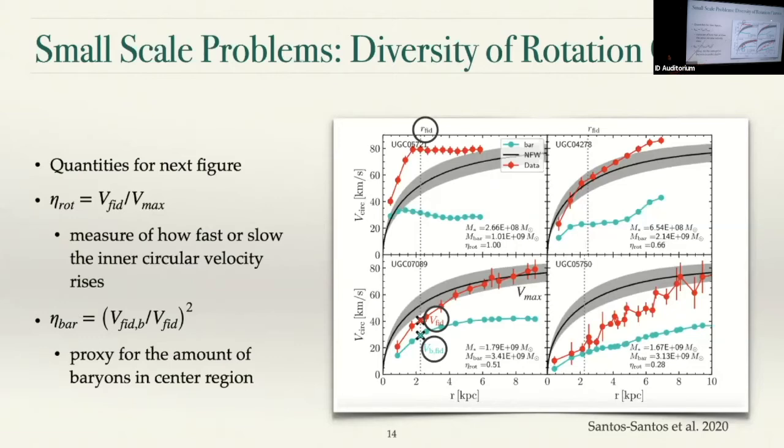And so this is a measure of how fast or slow the inner circular velocity rises. And eta bar, which is the baryonic velocity divided by the total fiducial velocity.